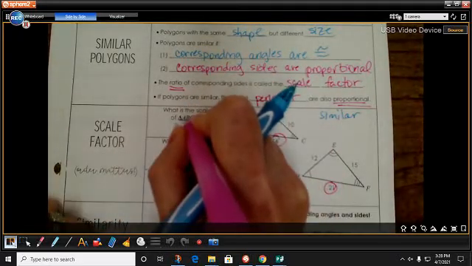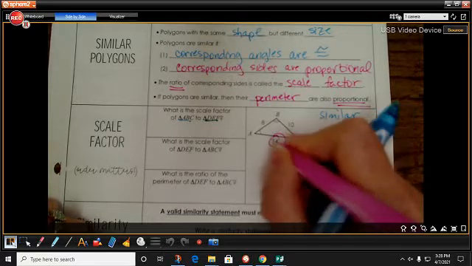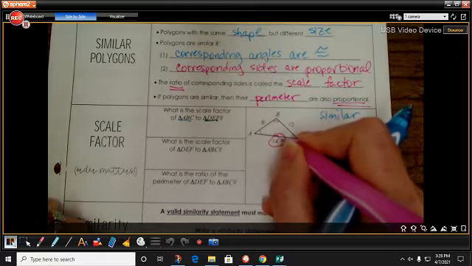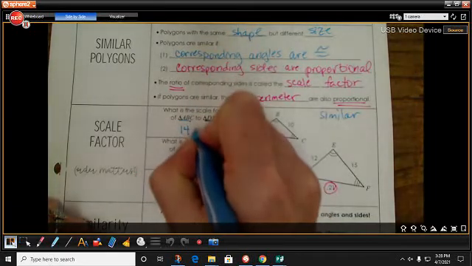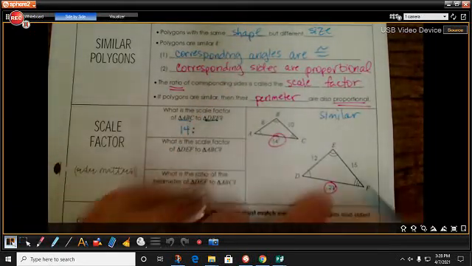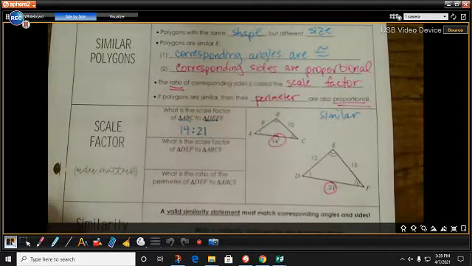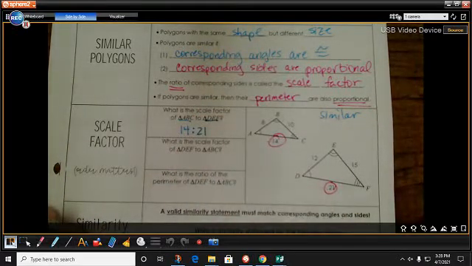Since ABC was first, I'm going to use the value I get from that triangle first. So I'm going to use the 14 and compare that to the 21 here. So the scale factor is going to be a ratio comparing parts of two of them, 14 to 21.